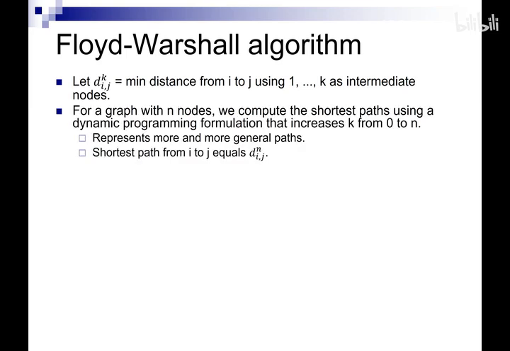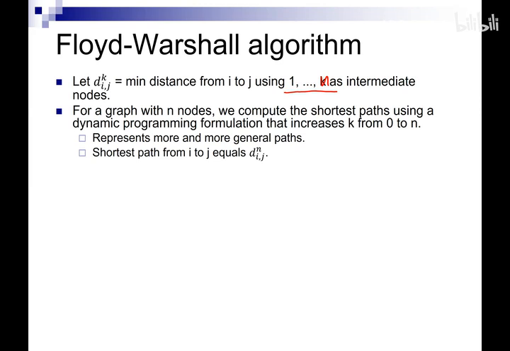Okay, and then what we're going to do is run a dynamic program where initially k is going to be 0. Then eventually we're going to increase k all the way up to n, where n is the number of nodes. When you increase k up to n, that means you're allowed to use any node from 1 to n as an intermediate node.